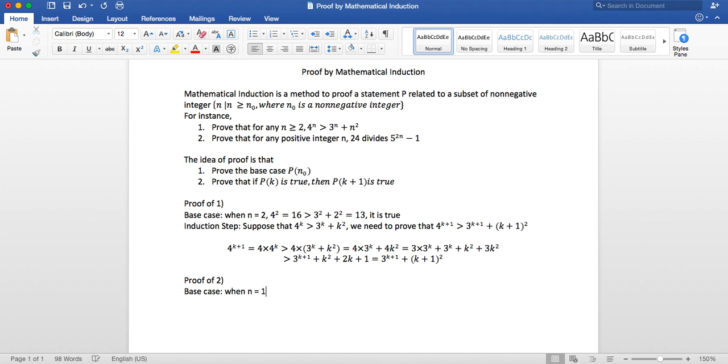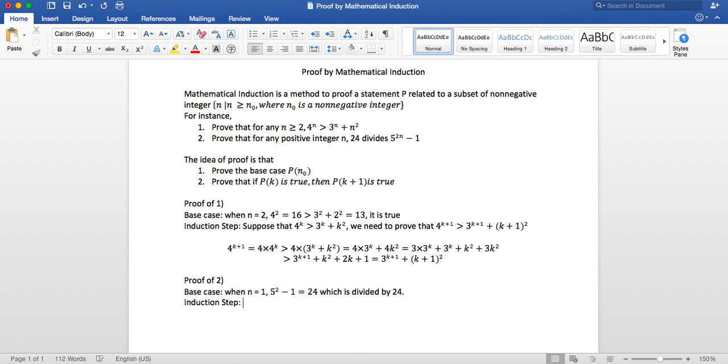When n equals 1, 5 to the 2n, which is 5 squared, minus 1 equals 24, which is divisible by 24. Maybe I typed it wrong, which is divided by 24. Or we always say 24 divides 24. That's no problem, right?